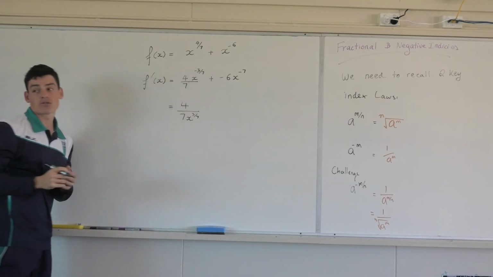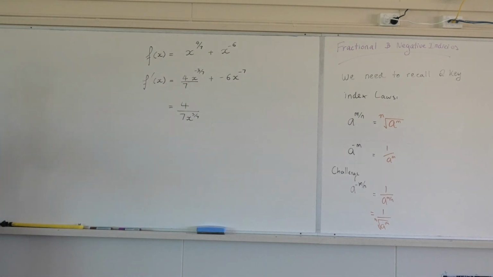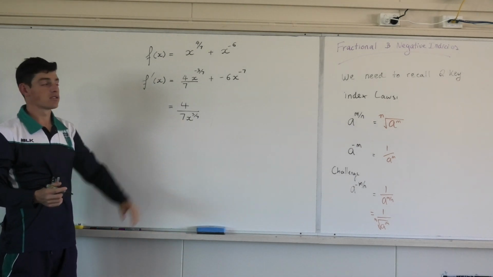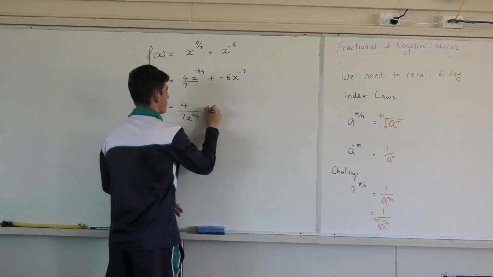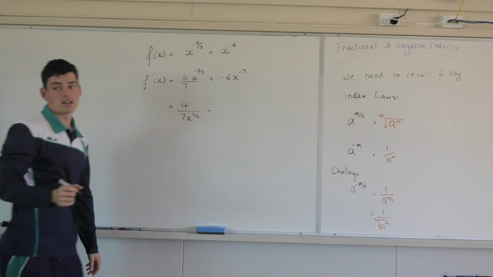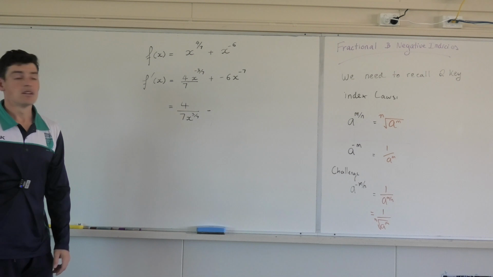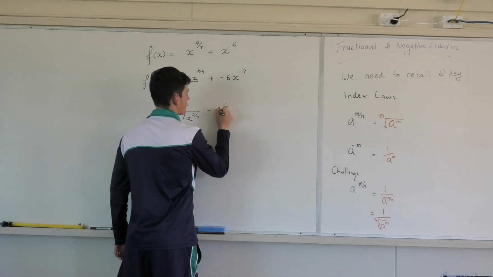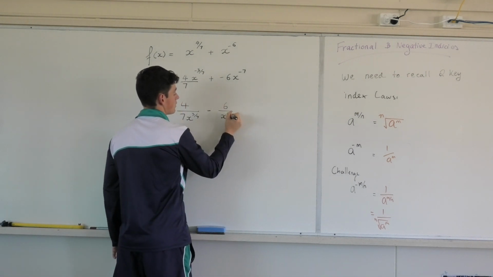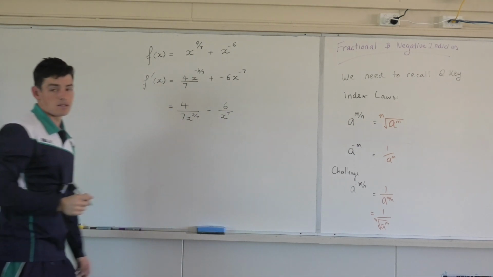No flipping of the powers required. I flip them down the bottom, like I take them to the denominator, I don't change the fraction itself. Does that make sense? It's still 3 over 7. I'm going to make this minus. What happens to my 6? Does it go down the bottom or does it stay on the top? Stays on the top. 6 divided by x to the power of 7.